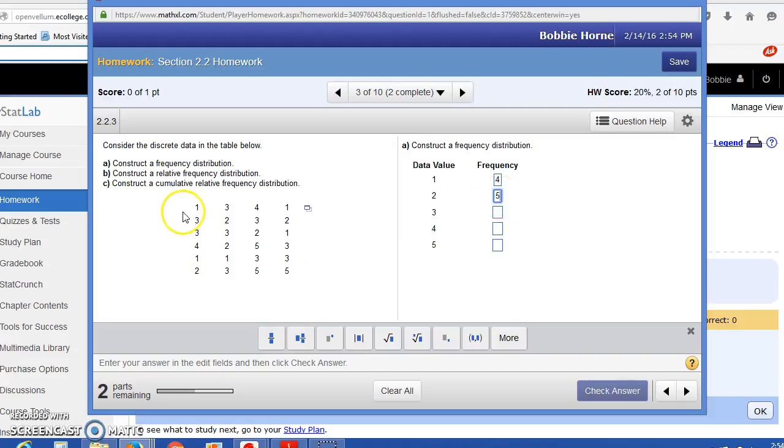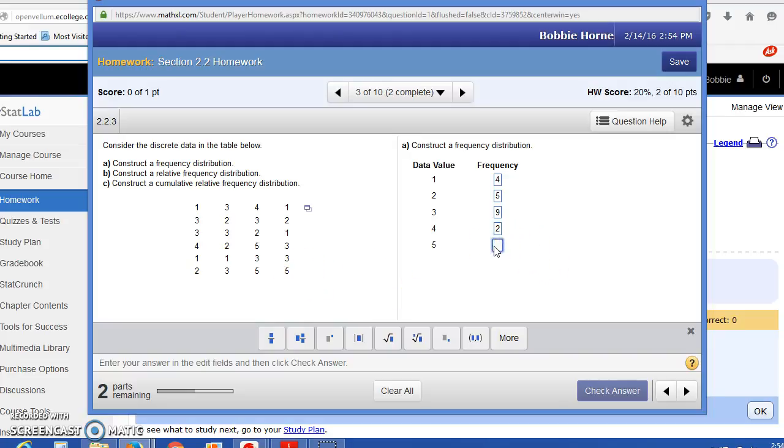And then for 3's, you have 1, 2, 3, 4, 5, 6, 7, 8, 9 threes. And then fours, you have 1, 2 fours, not a lot of fours. And then for 5, you have 1, 2, 3 5s.